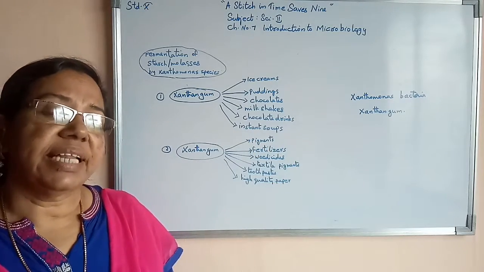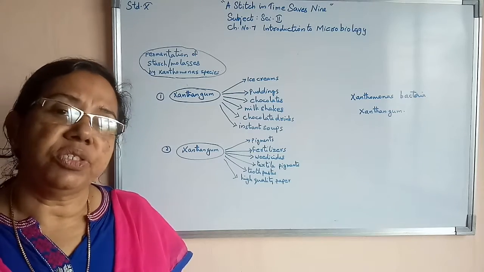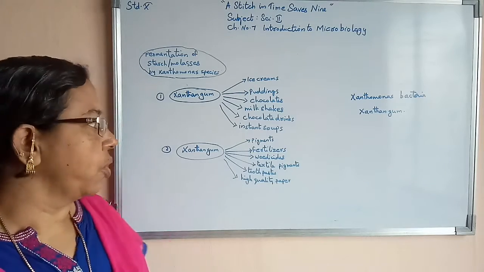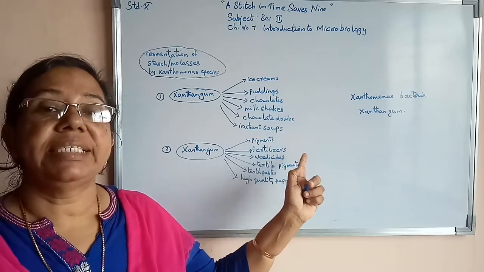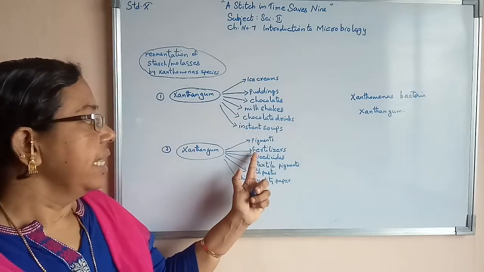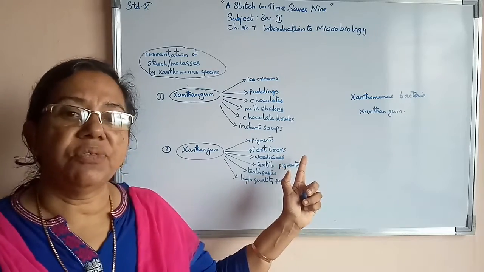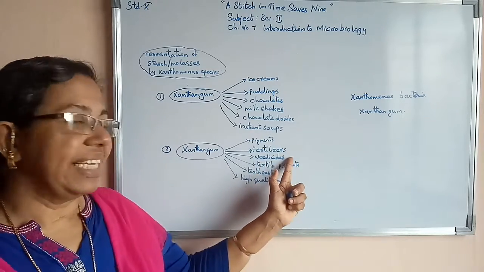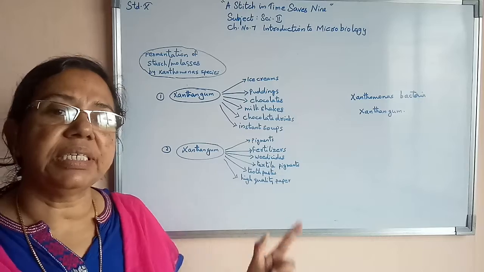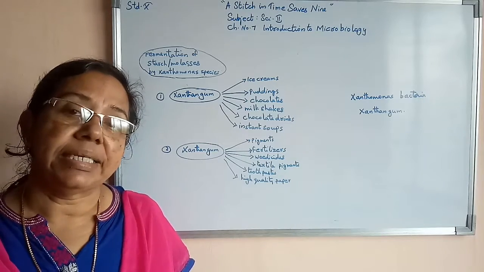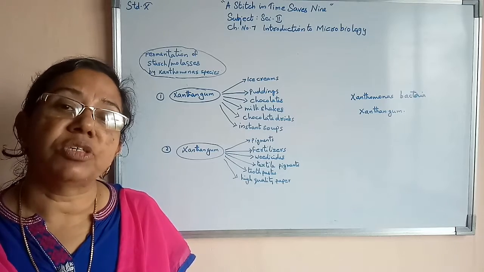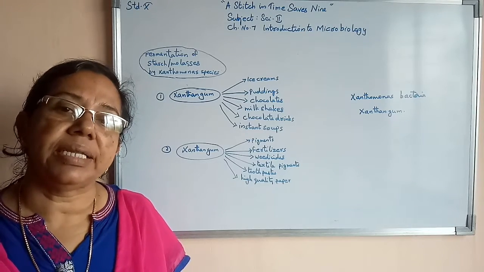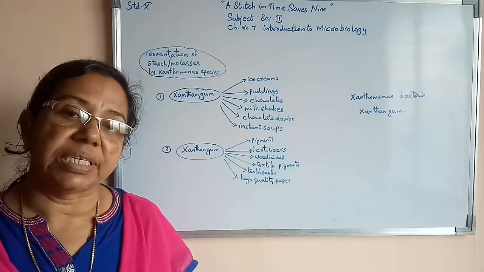Now, this xanthan gum is useful for the production of different types of pigments. We can say different types of colors. Then for the production of fertilizers and weedicides. Weedicides are like pesticides. Pesticides are for killing pests, like mosquitoes and cockroaches.